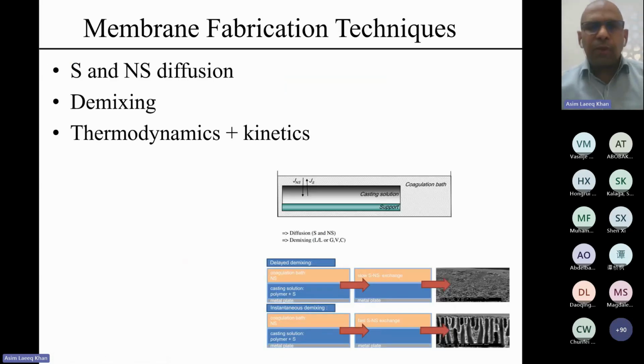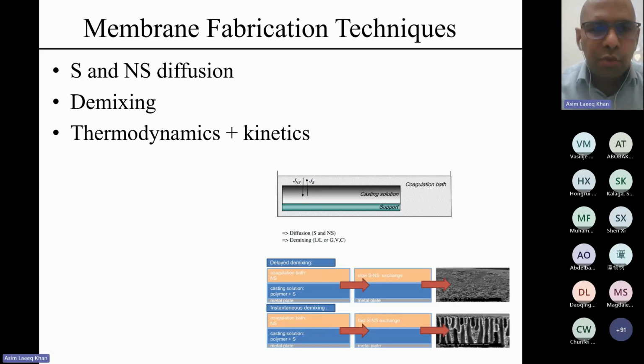So in case of phase inversion, generally what happens, as you saw in the video as well, is we have a polymeric solution and then it is immersed in a non-solvent bath. As a result, mass transfer takes place, because there is a concentration difference between the film that is being immersed and the bath. So solvent diffuses into the water while non-solvent diffuses towards the film.